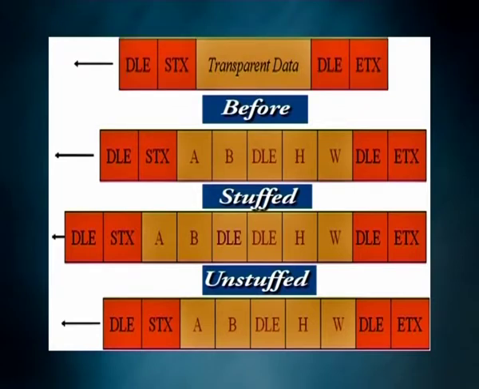The problem with this technique is that it is closely tied to the use of 8-bit characters. So, in order to remove this problem, a new technique has been developed to allow arbitrary size characters. This method is called bit stuffing.